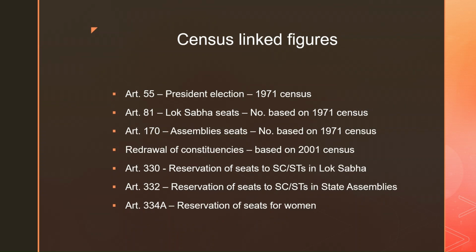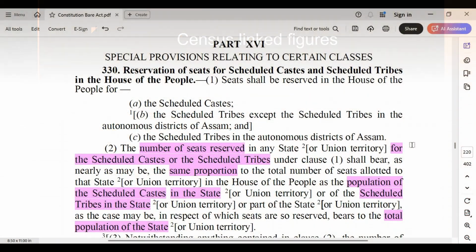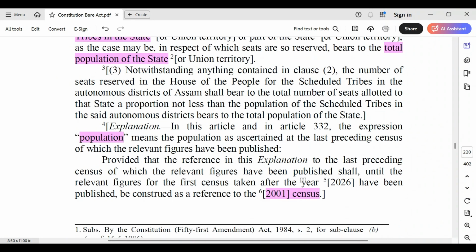Moving further, Article 330, which reads as reservation of seats to scheduled castes and scheduled tribes in Lok Sabha. Further, the reservation of seats for scheduled castes and scheduled tribes in the Lok Sabha is also based on the proportion of SC/ST population to the total population of the state. In a similar fashion, there is also a proviso in this article that until the census figures after the year 2026 have been published, it shall be read as 2001 census.